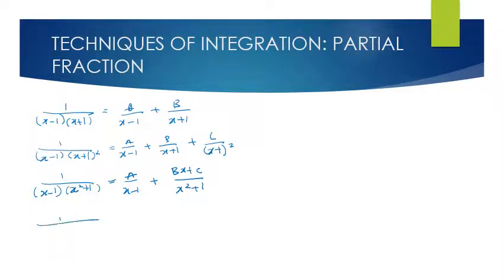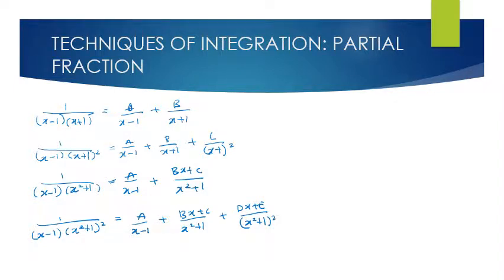What if we have (x - 1)(x squared + 1) power 2? The answer will be a over (x - 1) plus (bx + c) over (x squared + 1) plus (dx + e) over (x squared + 1) power 2.